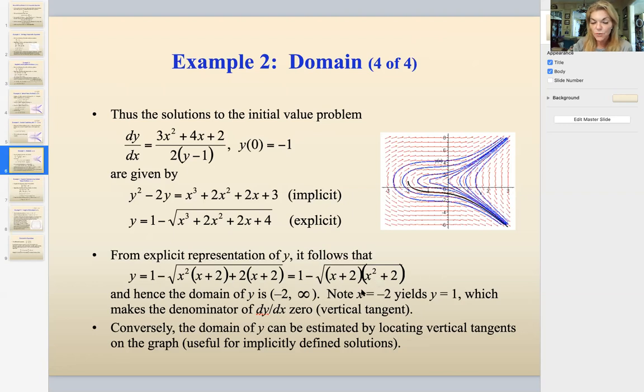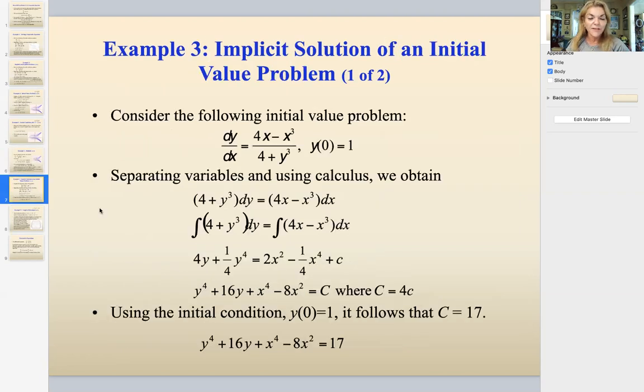That says y equals 1, which makes the denominator in the original ODE be 0, which says that dy dx is vertical. That is, the tangent line is vertical there. And you can actually see that when you look over here. And conversely, you can tell the domain by looking for the vertical tangents, but that's an unusual way to do it. It's not very useful, really.